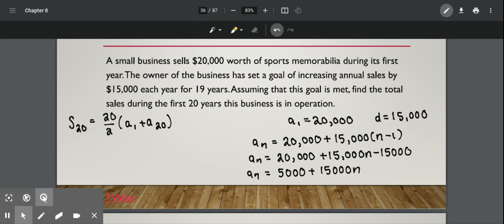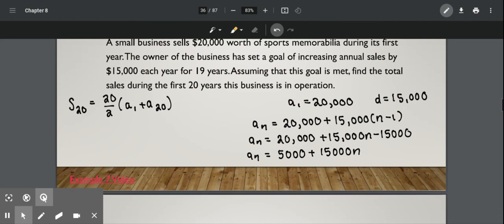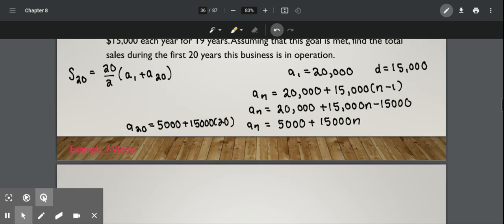And so if we want to find a sub 20, we could say then that a sub 20 equals 5,000 plus 15,000 times 20. And so we find out that a sub 20 then is 305,000.